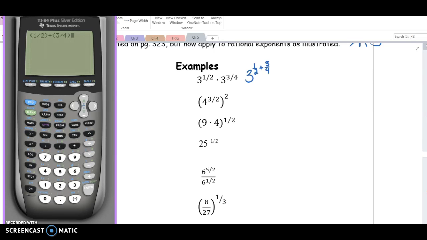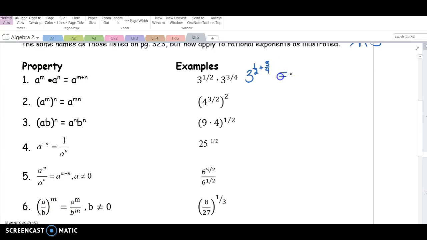So before you hit enter, push your math button, and then see that first option, change to fraction. So I entered 1/2 in parentheses plus 3/4 in parentheses and then entered change to fraction. And my graphing calculator tells me that the answer is 5/4. So this is 3 to the 5/4.